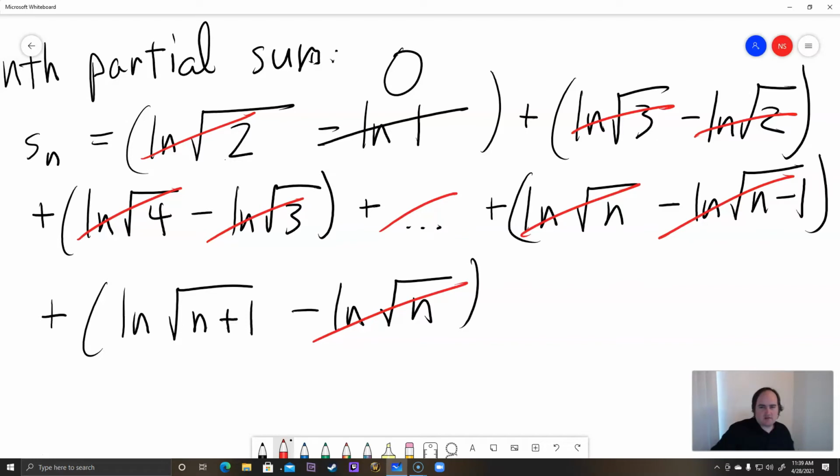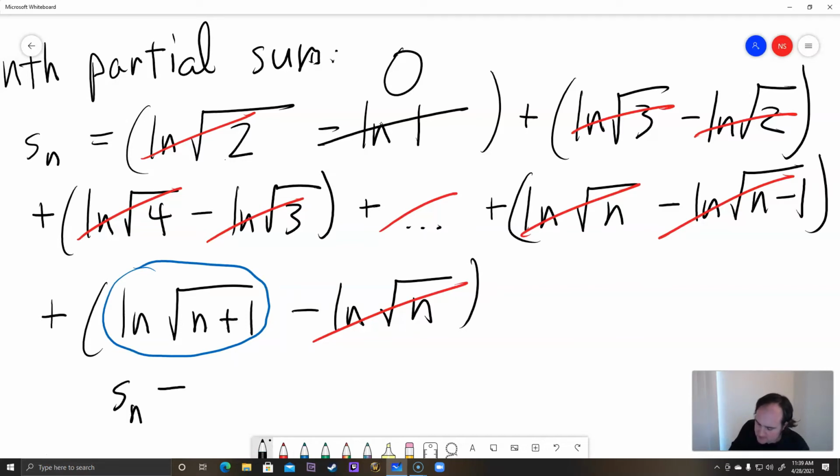And because the first term actually just had a 0 here, there's nothing for the first term. So all we really have left over here is ln of root n plus 1. This is all we have left. So the nth partial sum is actually going to be s sub n equals ln of root n plus 1.